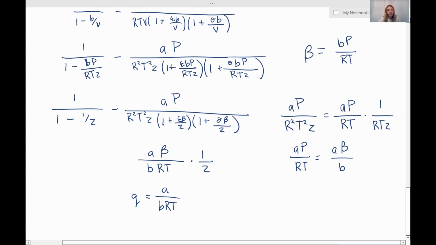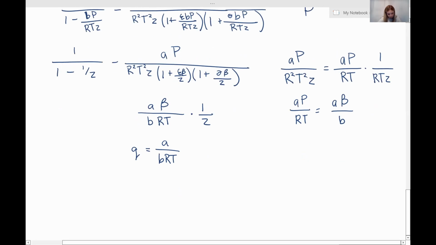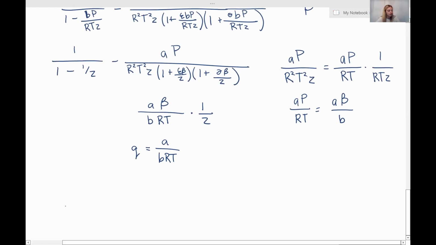So now we can rewrite our equation with Q and beta. So we'll have, again, Z equals 1 over 1 minus beta over Z. This should be a beta up here. I apologize.